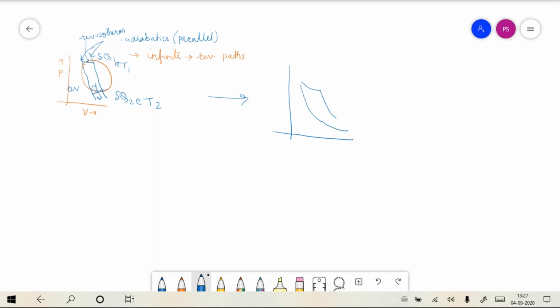This is the reversible isotherm where the heat transfer is del Q1, occurring at some constant temperature T1, and there is a heat rejection.